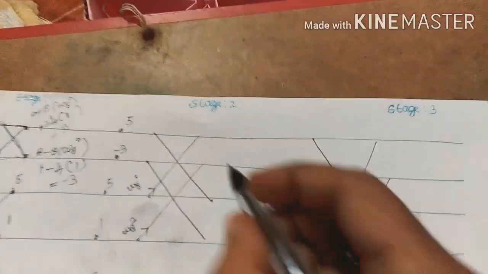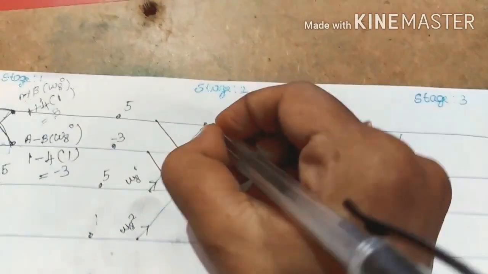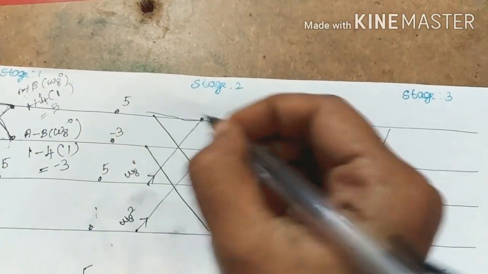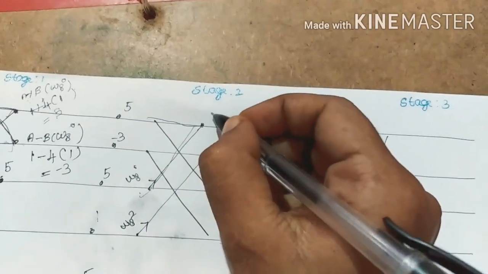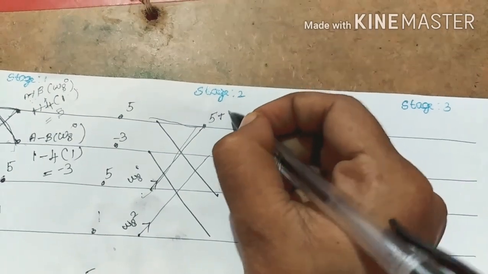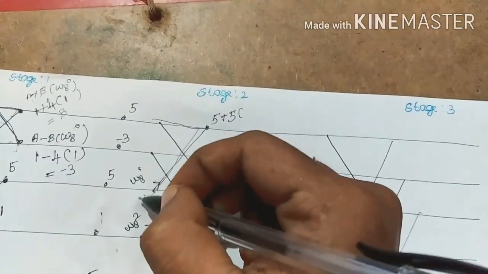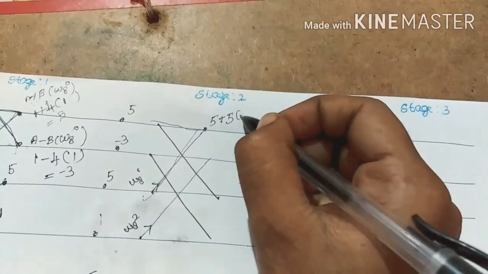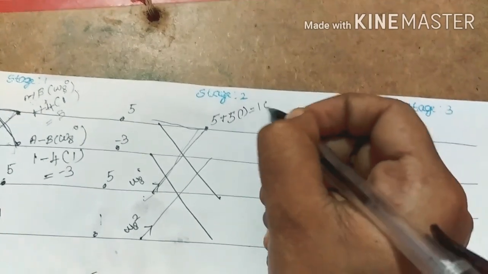So I calculate one value for this point, this and this line. A value is 5 plus B value is also 5. The twiddle factor is W8 power 0. So the answer is 10.